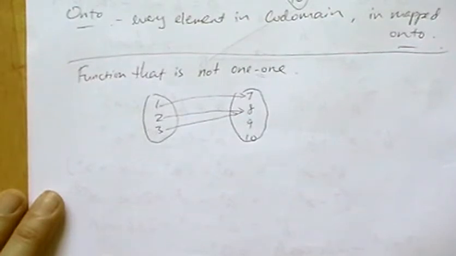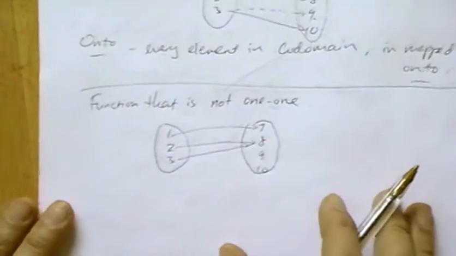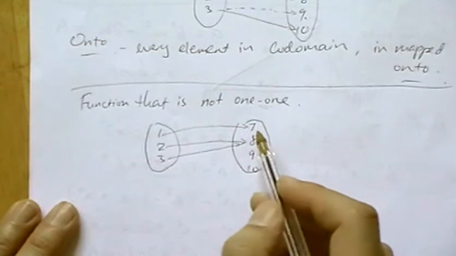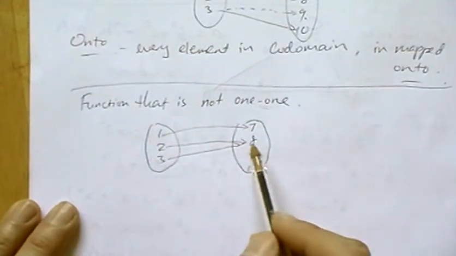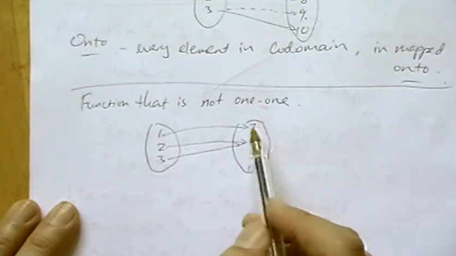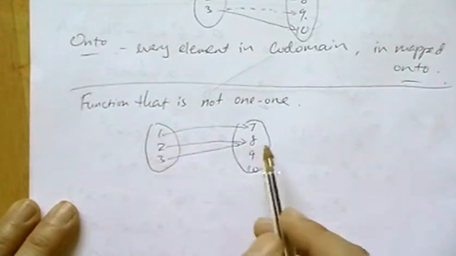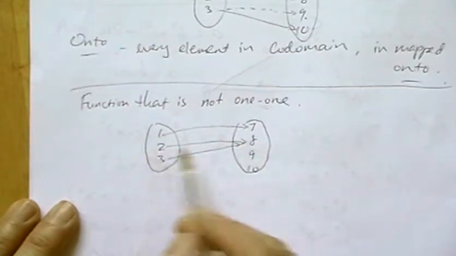So can this function be an inverse? Or can this function have an inverse? Let us look at the inverse mapping. This means that, for example, 7 would map back to 1, and 8 would map back to 2 or 3.